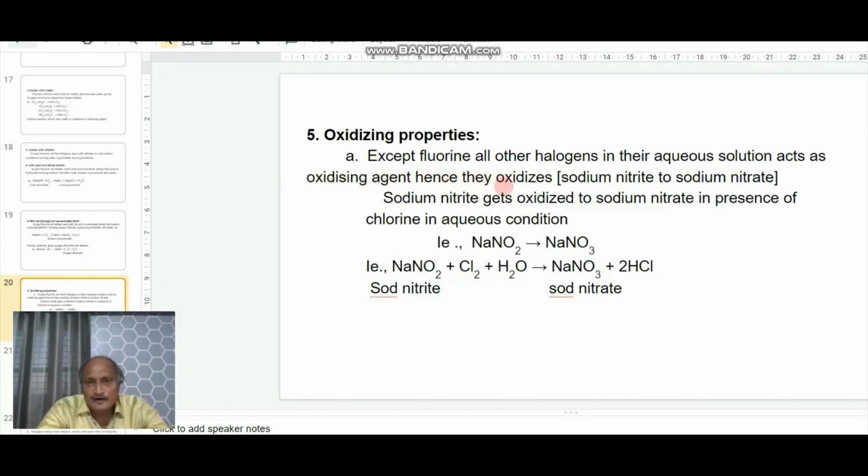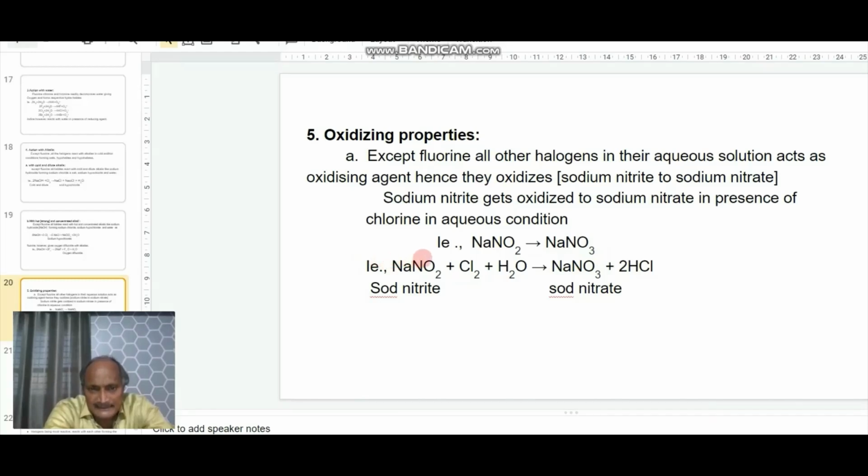Hence, they oxidize sodium nitrite to sodium nitrate and potassium sulfite to potassium sulfate. That is, NaNO2 is converted into NaNO3.